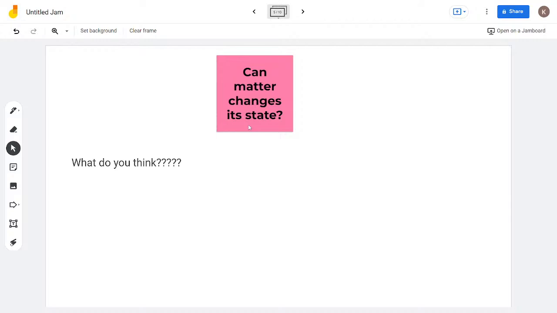There is an effect of change in temperature, right? And the other factor is the effect of change in pressure.